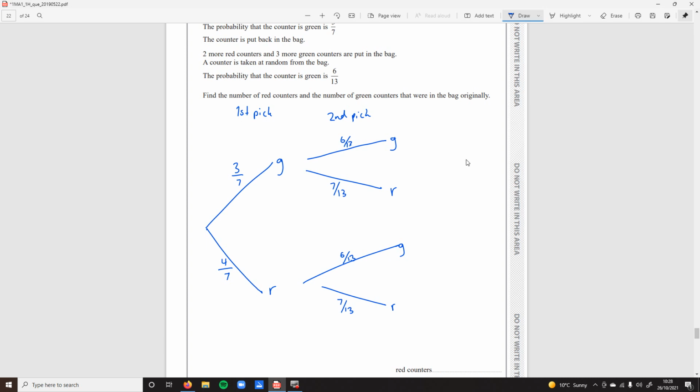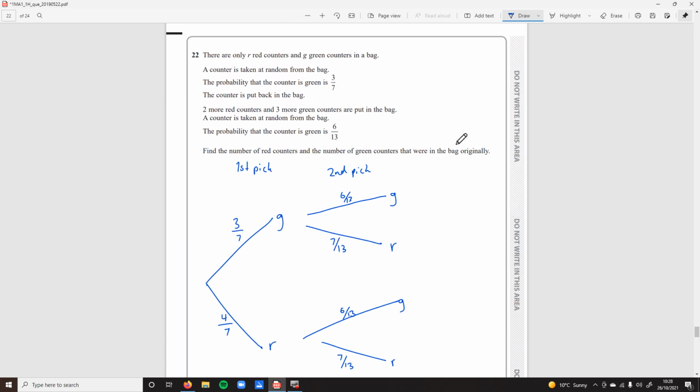Right. So 5 counters. This is tricky. So adding those 5 counters has changed the probability from 3/7 to 6/13.